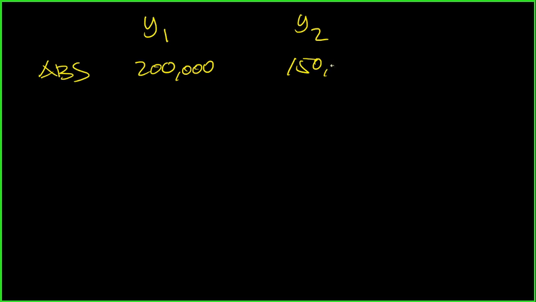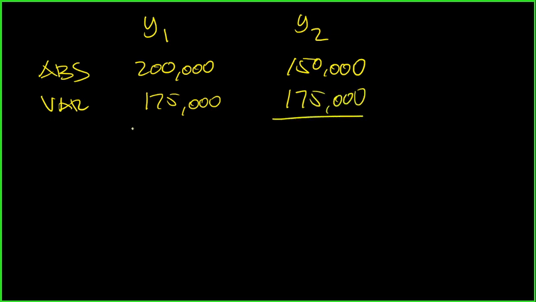Let's try to summarize nga muna, for year 1 and year 2. Your absorption costing net income for year 1 is 200, and then for year 2, it's 150. Under variable costing, year 1 is 175, that's the net income, and year 2 is also 175. Now, if you try to look at the changes, syempre yung total niyan, it's the same, di ba?